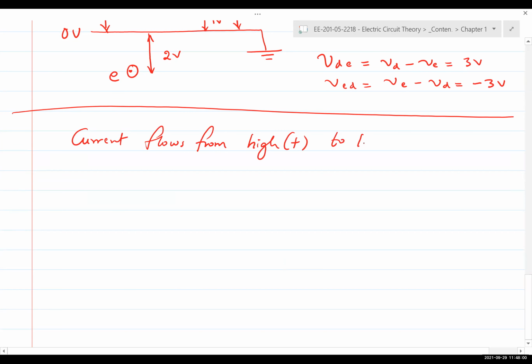So you have a resistor, and if you are given the polarity plus and minus, then the current is flowing from left to right. Okay, makes sense? Current's going from left to right, plus to minus.